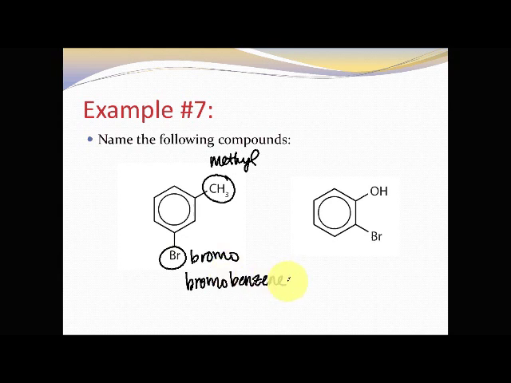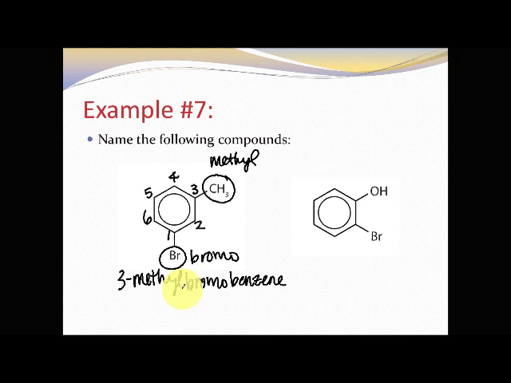And then we need to number the methyl. So if we're saying bromobenzene, that's saying that we're going to put this at 1, 2, 3, 4, 5, 6. Each point is a carbon. Okay, so then the methyl would be on the 3, so it would be 3-methylbromobenzene.